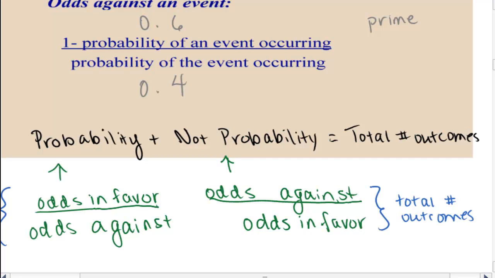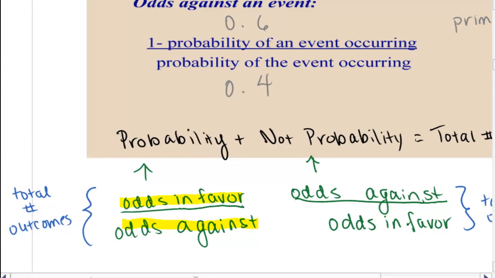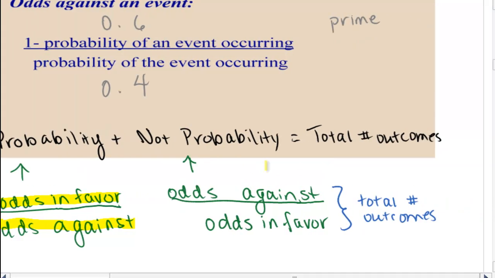And we can see if we're focusing on odds in favor, we'll have odds in favor over odds against. And we know that odds in favor over odds against should give us the total number of outcomes. If we're looking for odds against, we have that over odds in favor, and again, those should add up to equal our total number of outcomes.